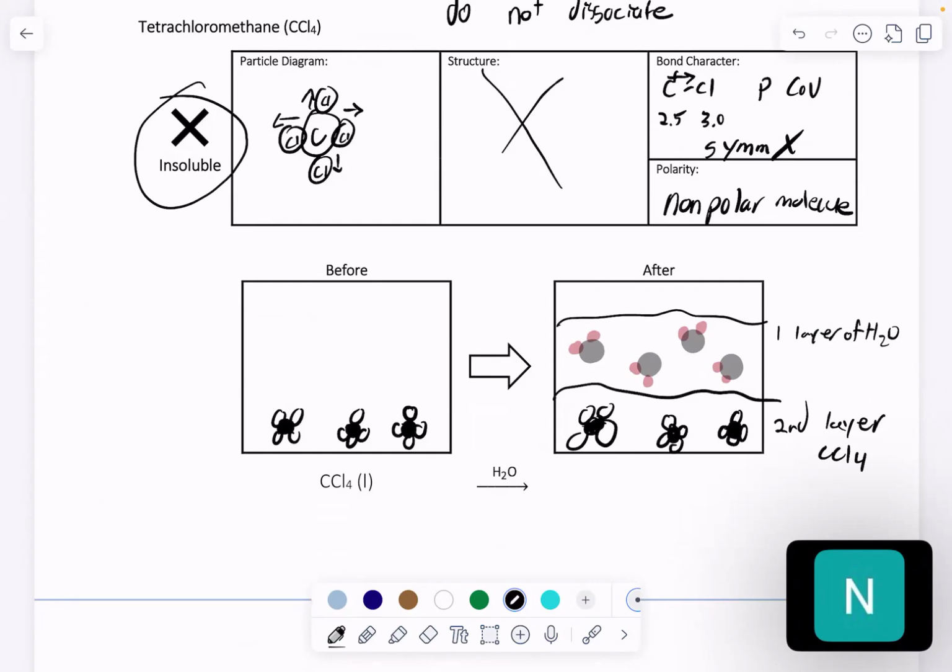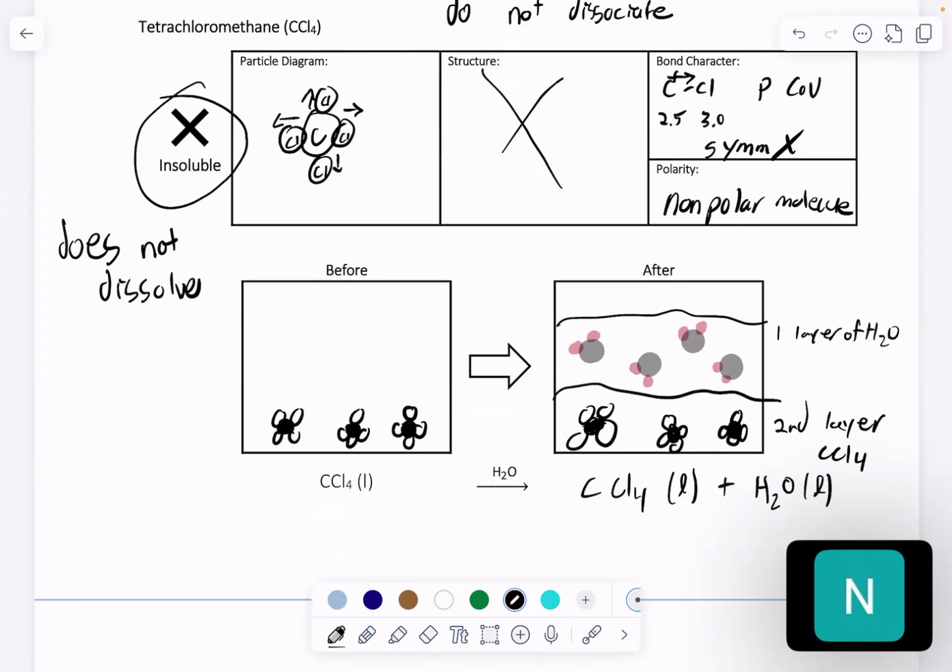Insoluble means that it does not dissolve. If I were to write the formula here, this would just be CCl4 as a liquid plus H2O as a second liquid. Nothing is aqueous because it hasn't dissolved.